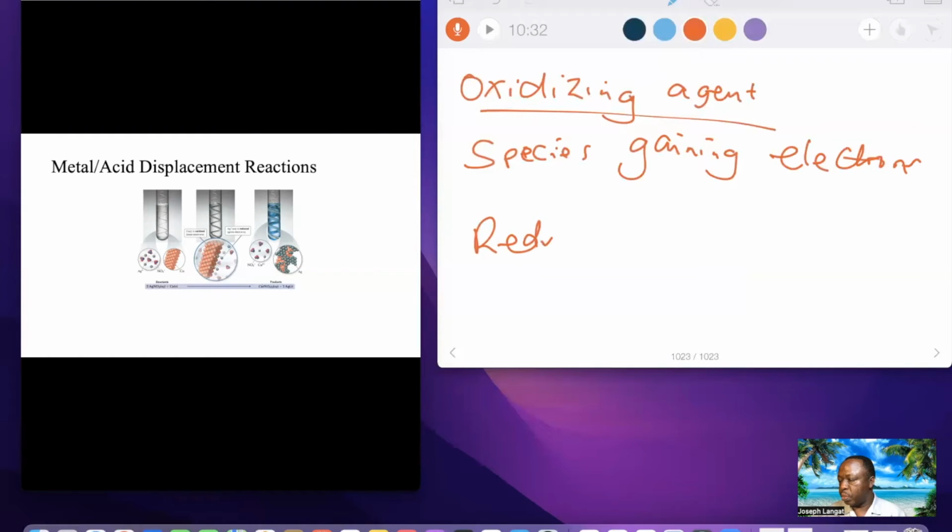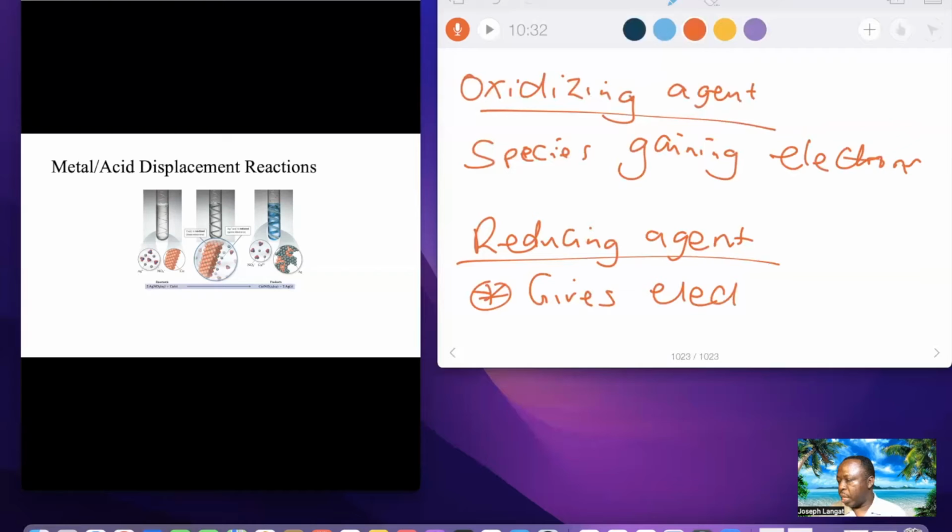Reducing agent, the one doing the reduction, this one keeps electrons, or you can say donates, whichever way you want to commit to your memory.